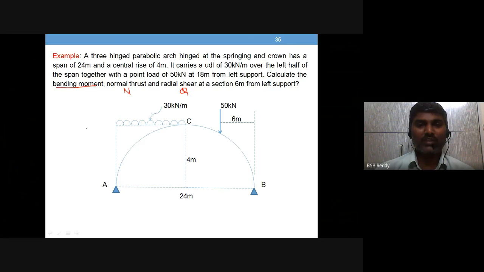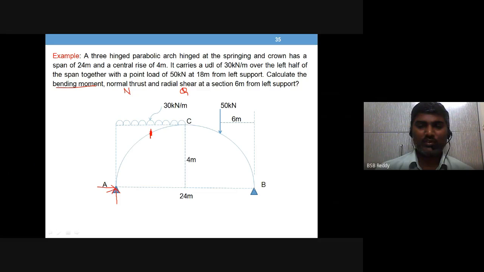To start with, this is the location where we want all the three quantities like bending moment, N and Q. If you want bending moment at this point, from the previous lectures, you might have understood that first what we need to solve is support reaction values.